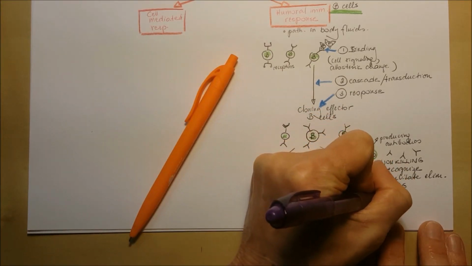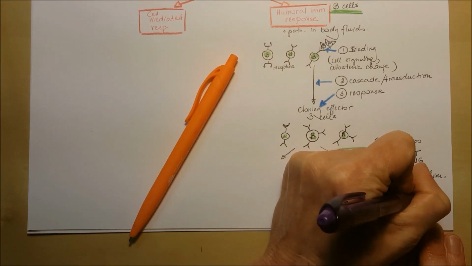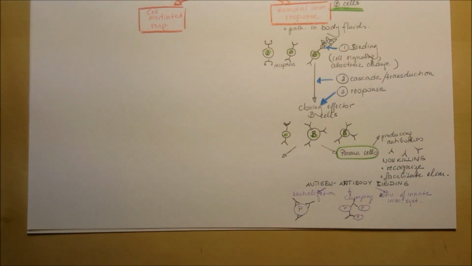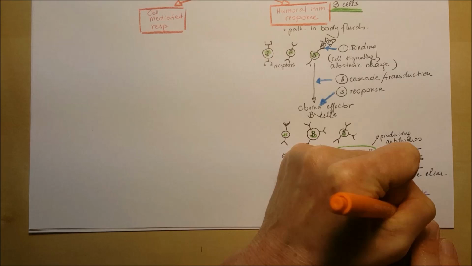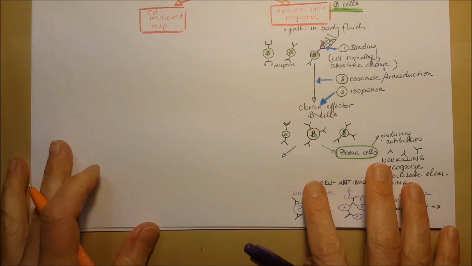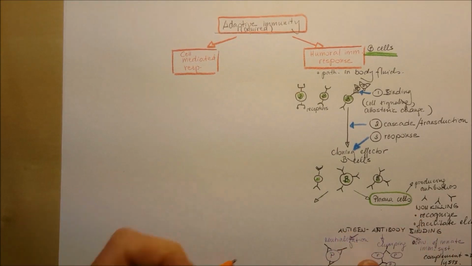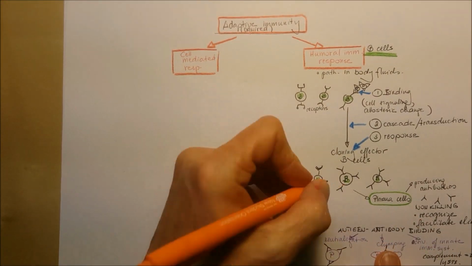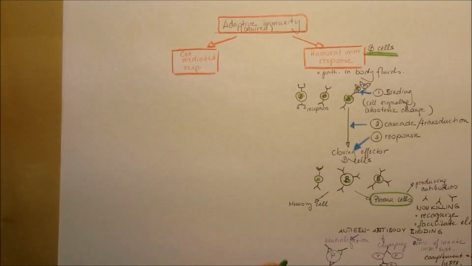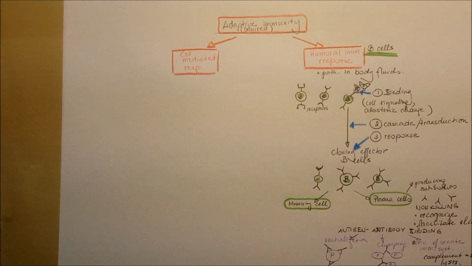And the third one is activation of the innate immune system, such as the complement system. The complement system will make a hole on the pathogen and lysis will happen, so the pathogen will die, will leak out its content.